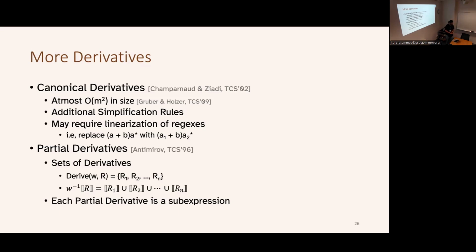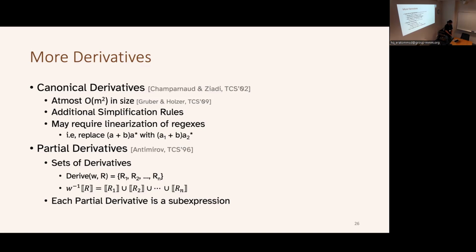Another notion of derivatives we see in the literature are partial derivatives. With partial derivatives, the idea is to not just have one derivative, but a set of derivatives. Brzozowski derivatives are a way to represent DFAs, in the sense that the derivative shows us which DFA state we are at. Partial derivatives are a way to look at regular expressions as if they were NFAs, because we need to have multiple active states rather than one single active state at a time.